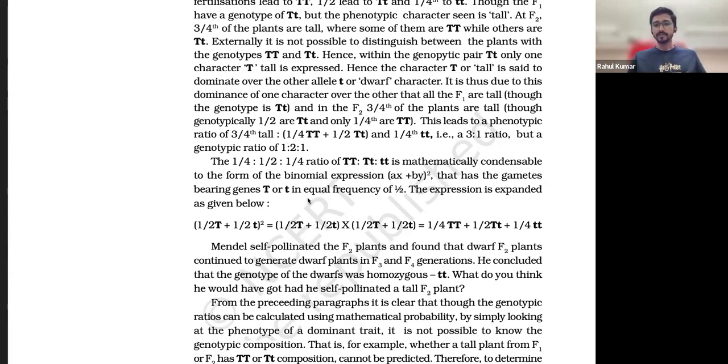So this binomial expression is a condensed form of the F2 generation genotypic ratio itself.